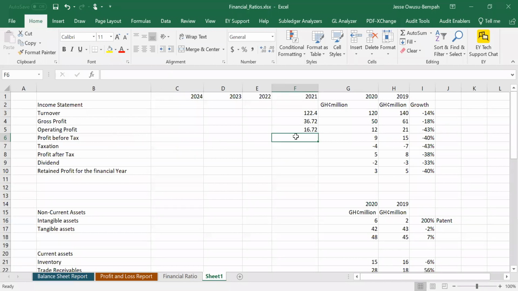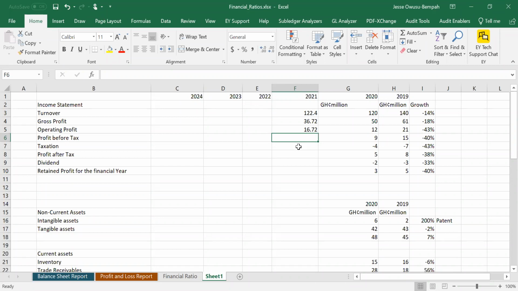Then they can probably give you a profit before tax number, and a taxation percentage to calculate your taxation, in that order. I hope you get what I'm trying to do. It all depends on the assumptions.